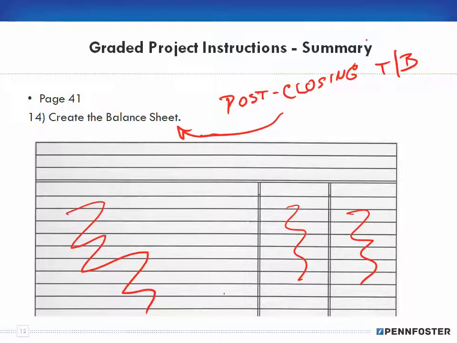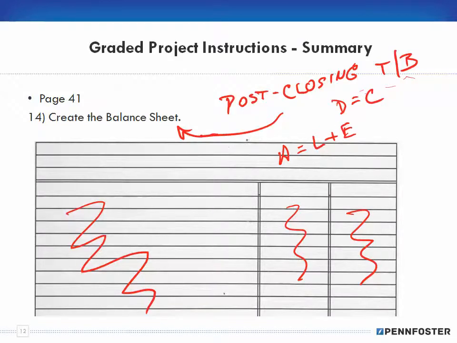Now, remember that, and the thought just popped into my mind. On your trial balances, your debits always equal your credits. And if you've done everything correctly and you've made your closing entries correctly, then your accounting equation should be in balance. Your assets should equal your liabilities plus owner's equity.